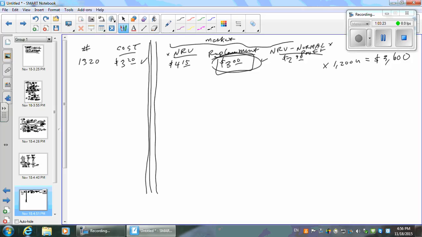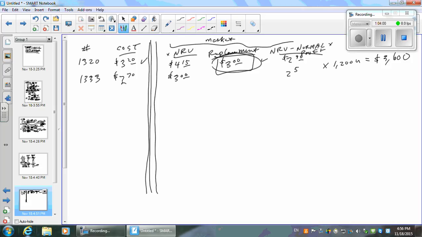Okay? Let's try another one. Let's just do the next one, 1333. Real quickly. What's the cost, everybody? $2.70. Okay? What's the net realizable value? $3.50 less 50 cents is $3. What's the net realizable value less normal profit? $3 less another 50 cents, $2.50.